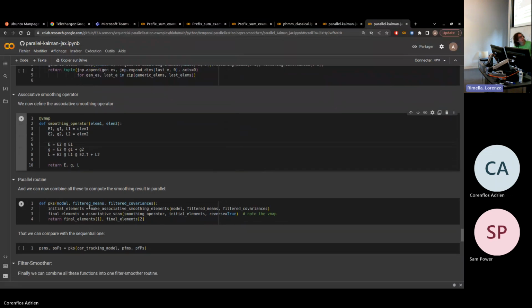To answer Sam's question, the smoother takes the filtering means and covariances, makes the associative elements based on the filtering means and covariances you have pre-computed, and then applies the prefix sum to that. And that's basically it.